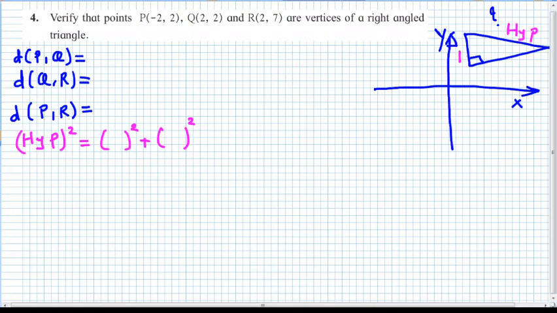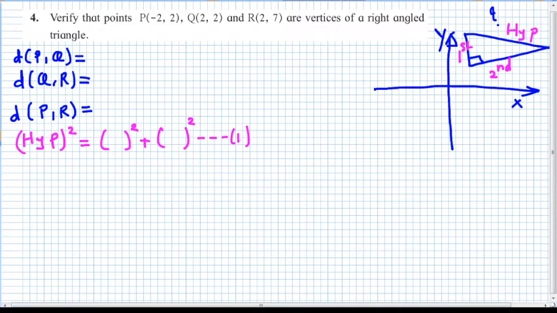This is the first side, and this will be the second side. If we can prove that hypotenuse square is equal to one side square plus other side square, then we can be sure that it forms a right angled triangle. So let us start with that part.